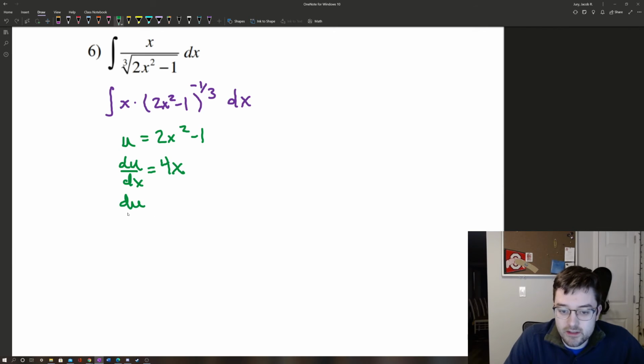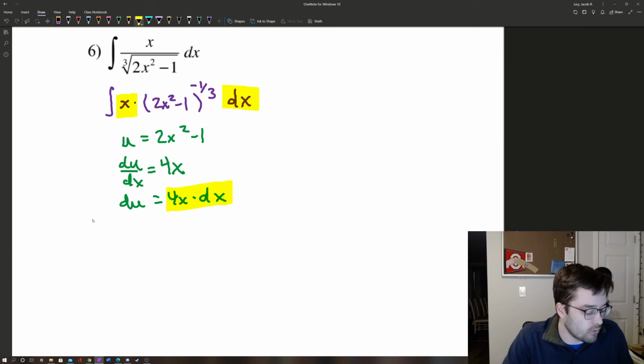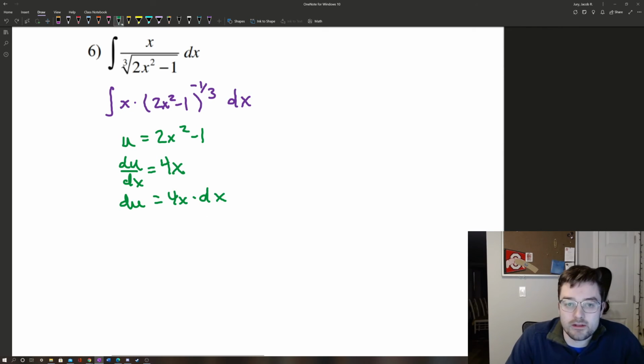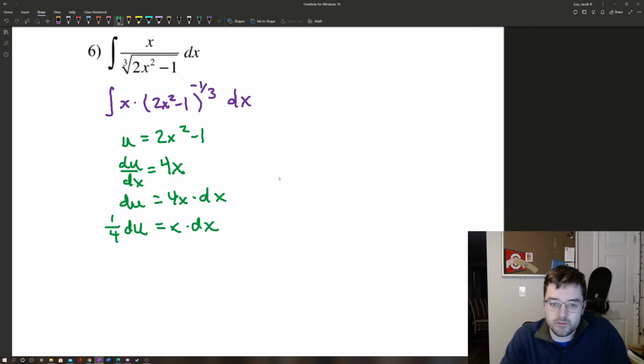And then I'm going to check: do I have a 4x dx in this problem? Well, I have an x dx, so I need to move the 4 away from x dx, and then I'm ready to start substituting. So hopefully you're seeing the rhythm here for this procedure.